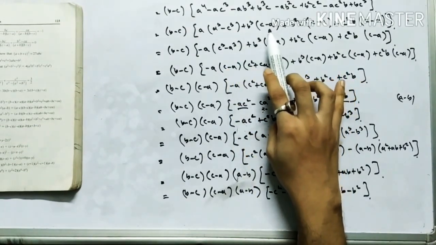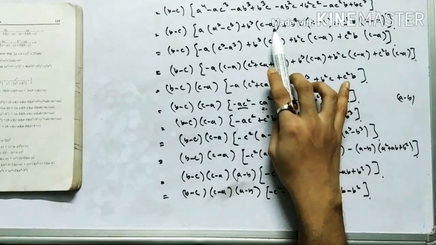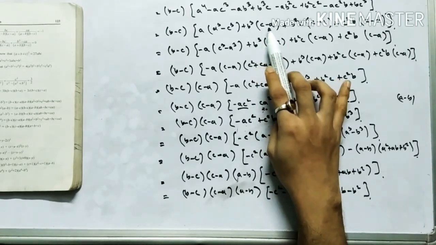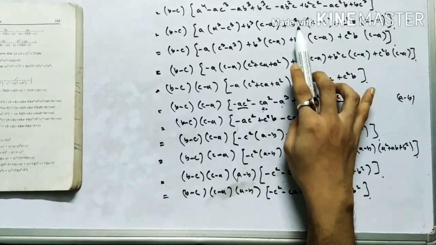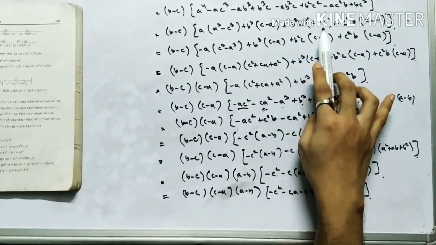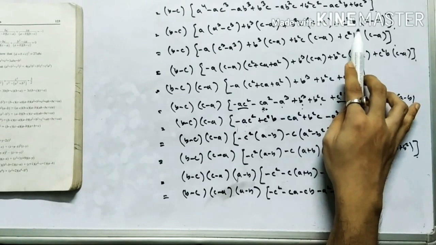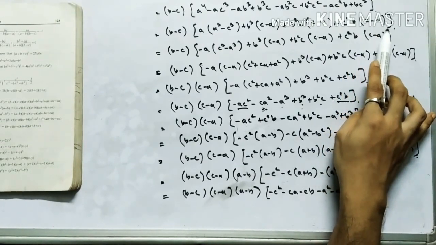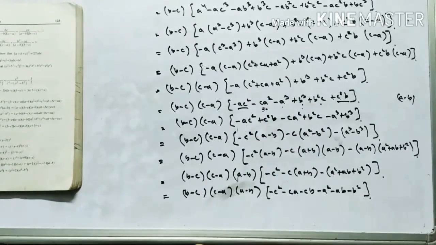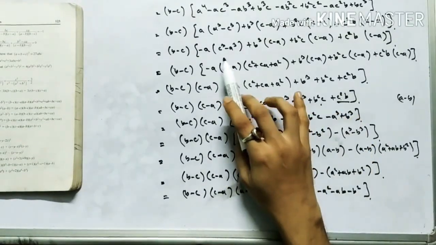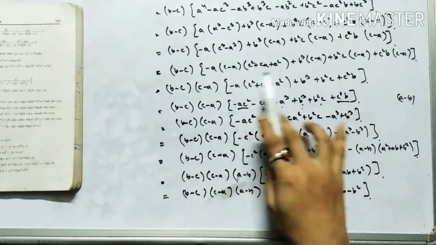This is c minus a, b cube common, c minus a plus b square c common, c minus a plus c square b, c minus a. Everything is correct there. Only in here I will take minus common. So this is c minus a.